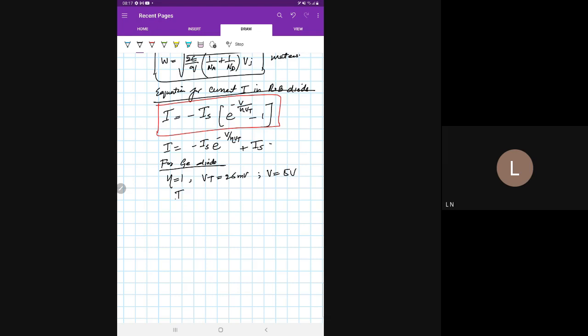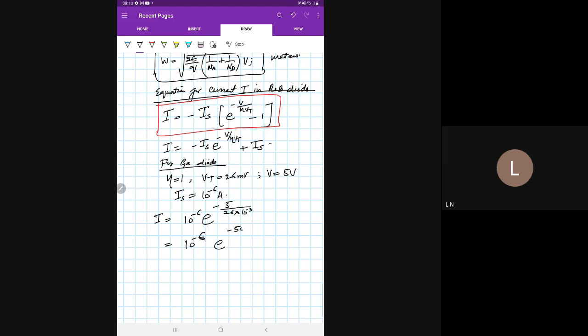And if we assume that I of S is equal to 10 to the power minus 6 amperes, then we can calculate that I will be equal to 10 to the power minus 6 e to the power minus 5 divided by 26 into 10 to the power minus 3.